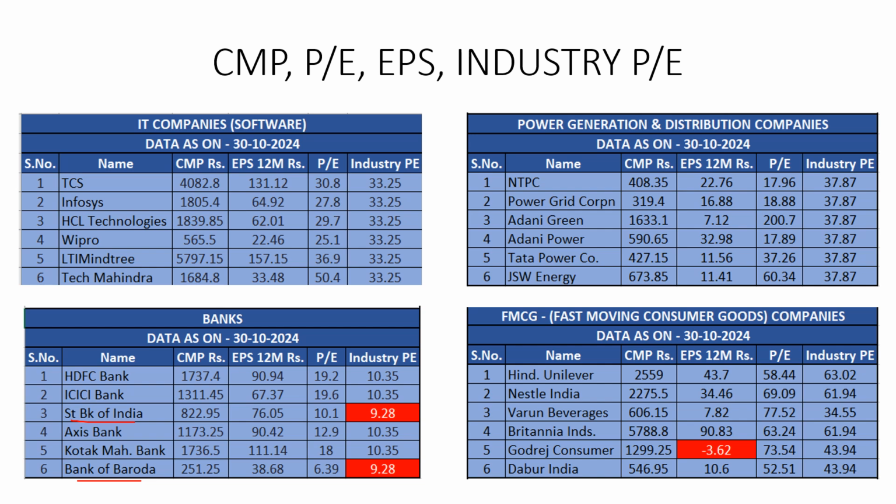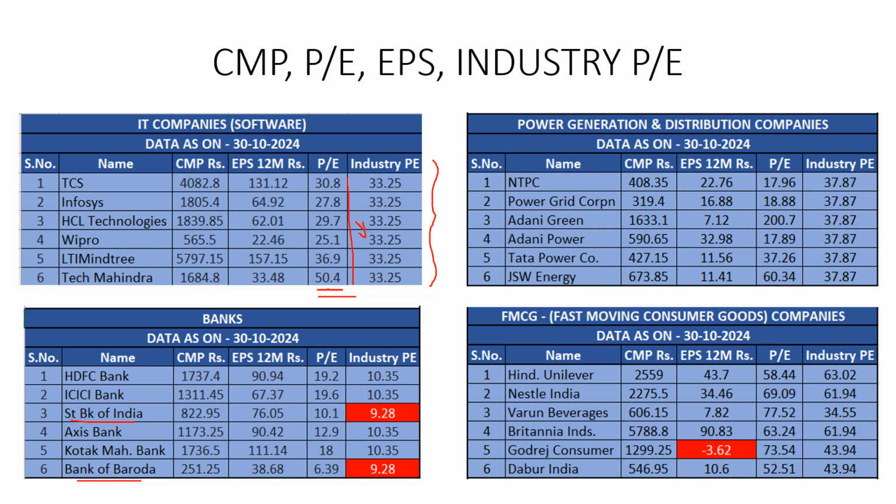Now let's quickly see, the industry average of IT companies is almost the same, which is 33 PE, right? And now it becomes very easy for you to compare the individual company's PE with the industry PE and tell which is trading below the industry average and which is above the industry average.